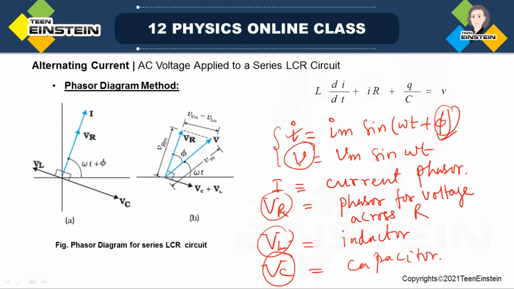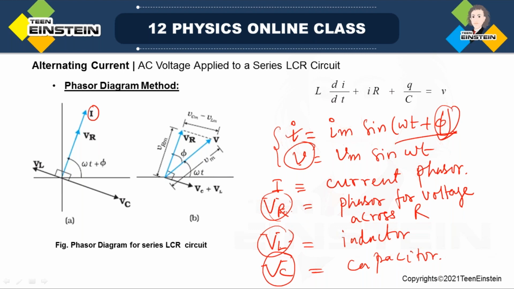Look at the phasor diagram over here. The current has the phase omega t plus phi, and this is the current phasor, and VR is the phasor for the voltage drop across the resistor.